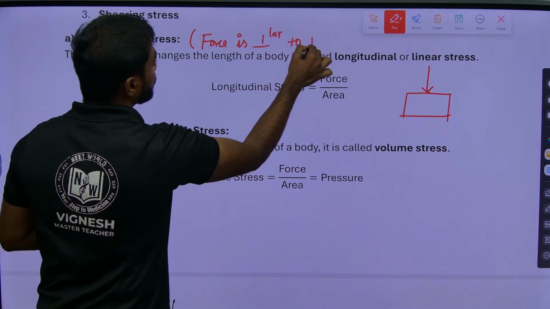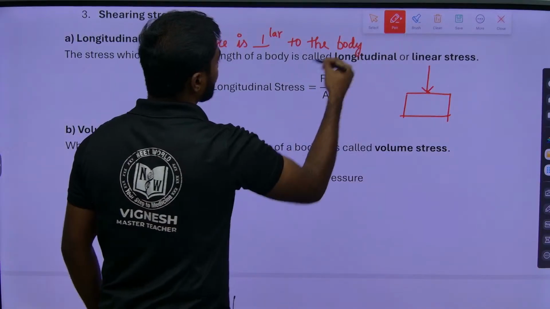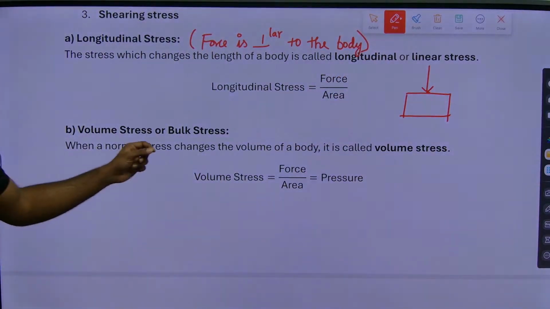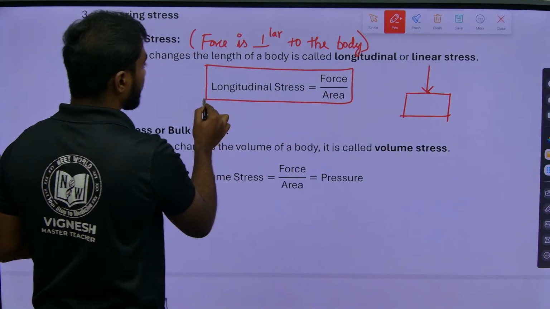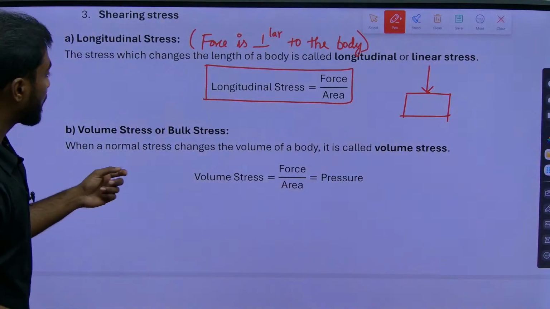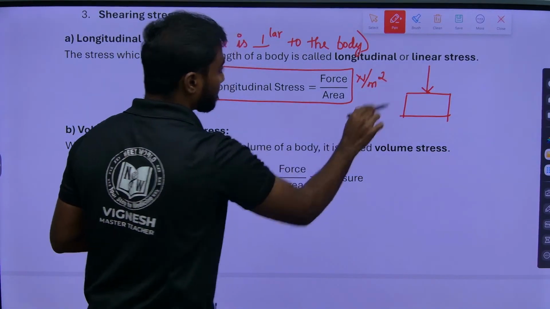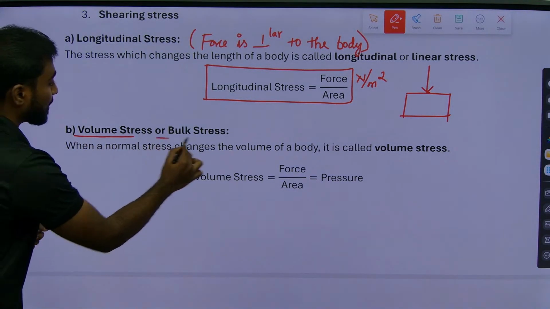Force is perpendicular to the body. So the same formula we get: longitudinal stress is force by area. So the SI unit is Newton per meter square. Got it?